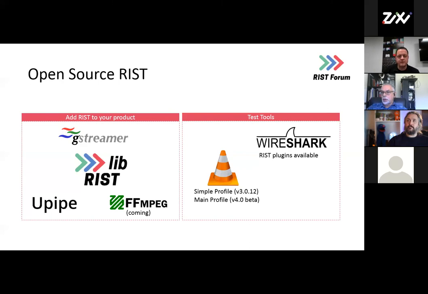So once you get into working with RIST, whether you develop your own or you use the open source option, there's a group of vendors out there that will do interop testing with you to make sure that all the streams are working, all the products are working properly together.